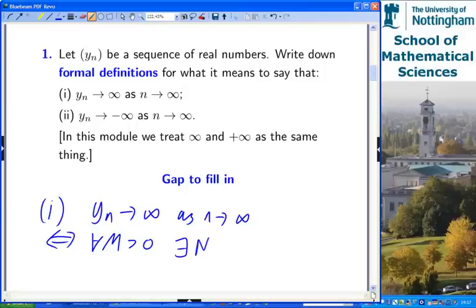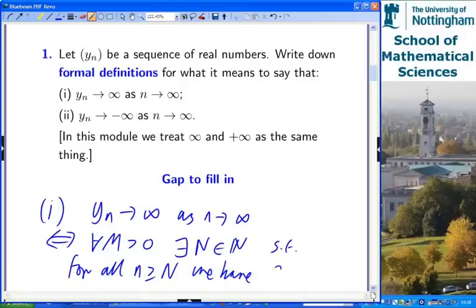There should be some point, a big capital N in the natural numbers, and that's going to be big enough so that when you get beyond that point in the sequence, you should be further to the right, or at least as far to the right as m. So that's one.